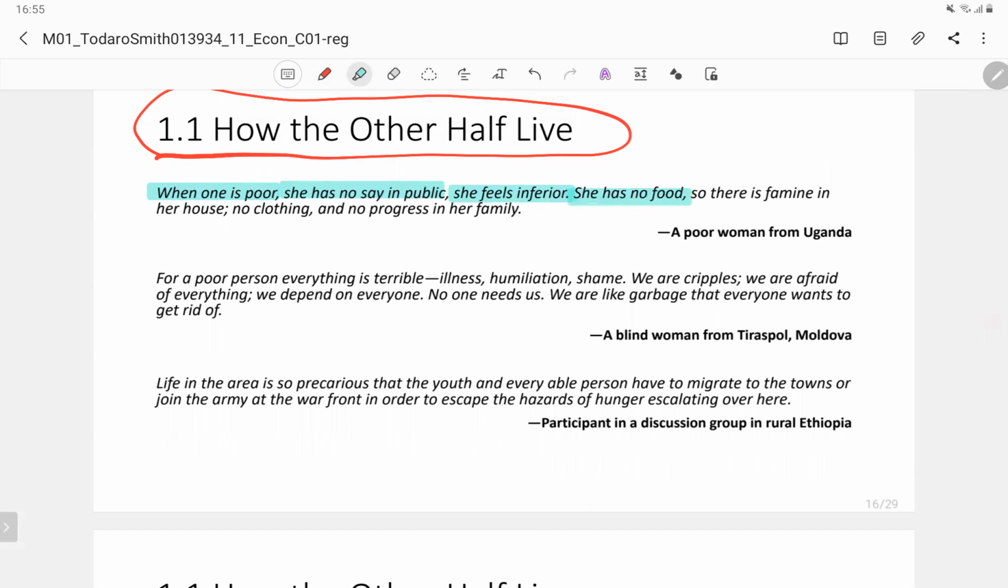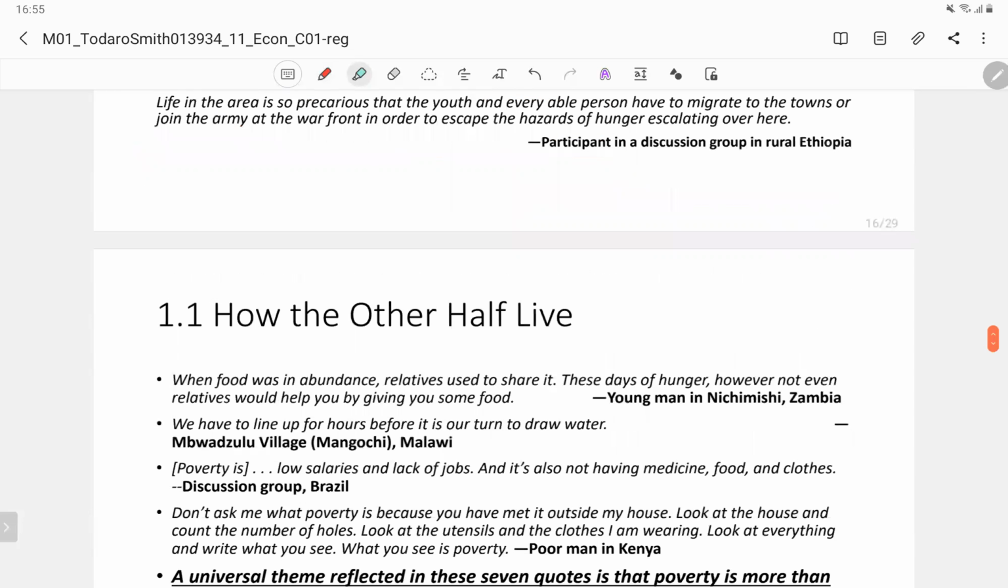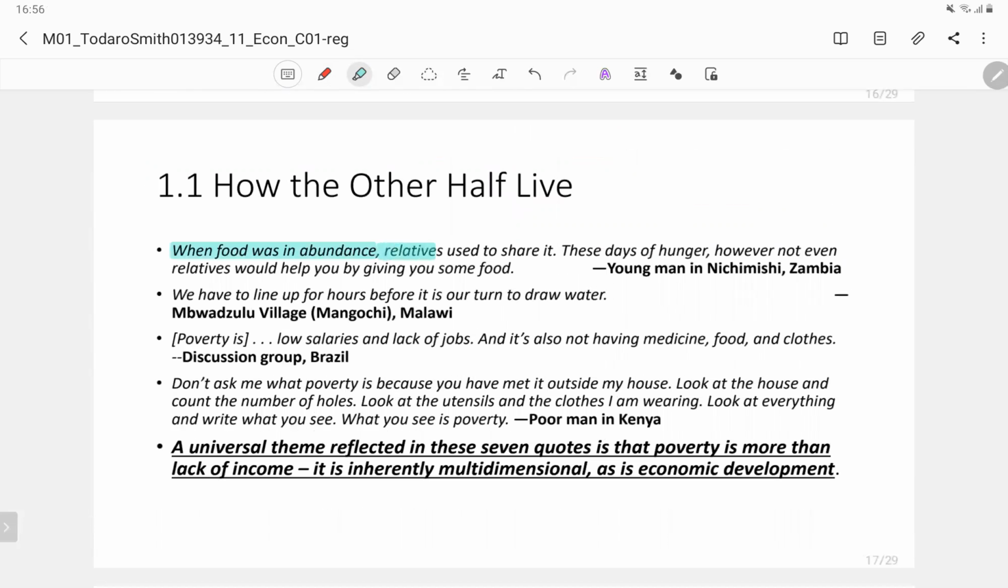She has no food, so there is famine in her house, no clothing, and no progress in her family. And there is a quotation from a young man in Zambia: when food was in abundance, relatives used to share it. These days of hunger, however, not even relatives would help you by giving you some food.